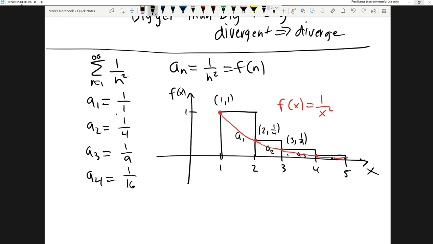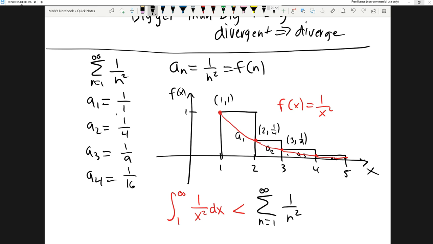All right? So, based on our picture, we can make a similar claim to the last example, that the area under the curve must be less than the sum from 1 to infinity.